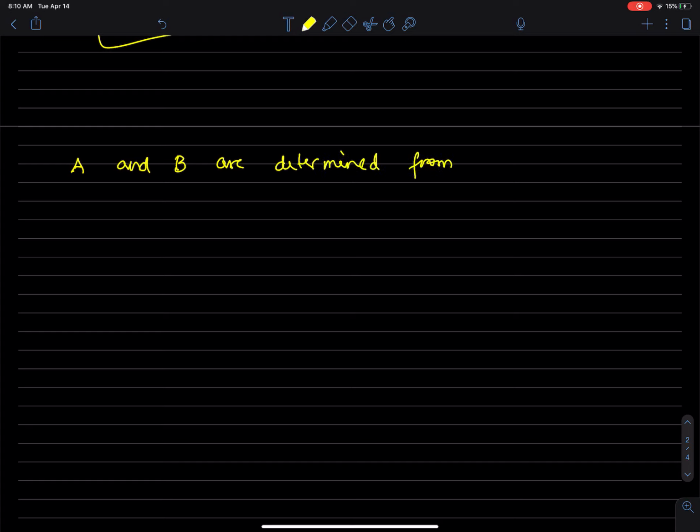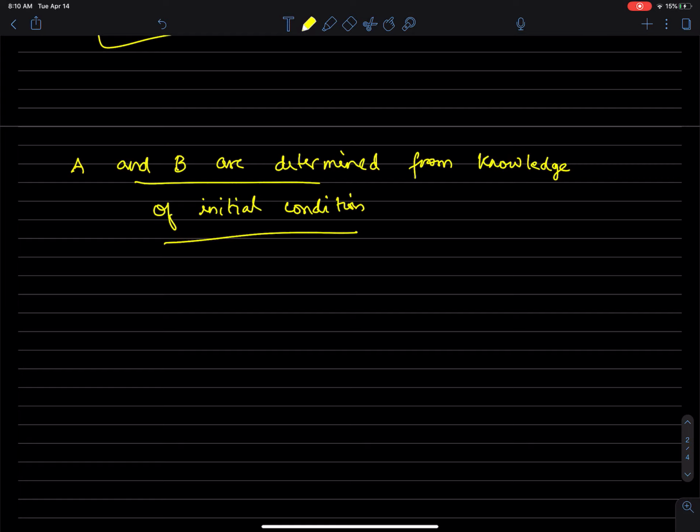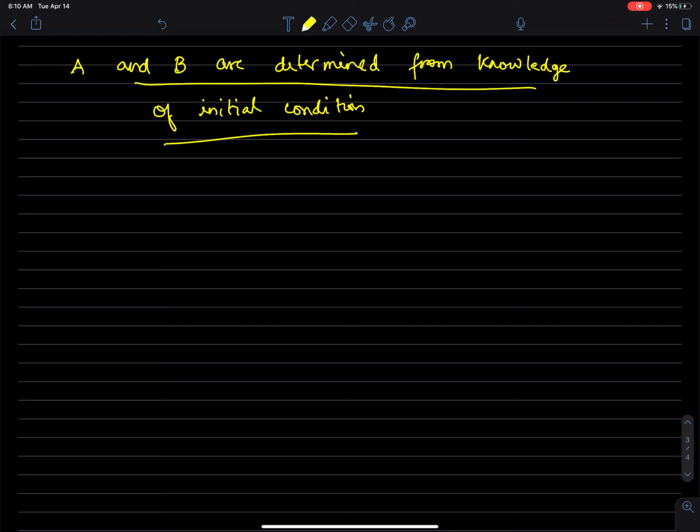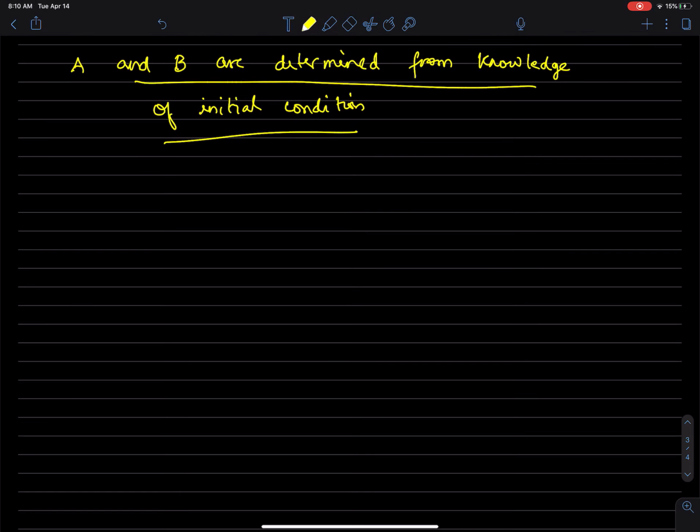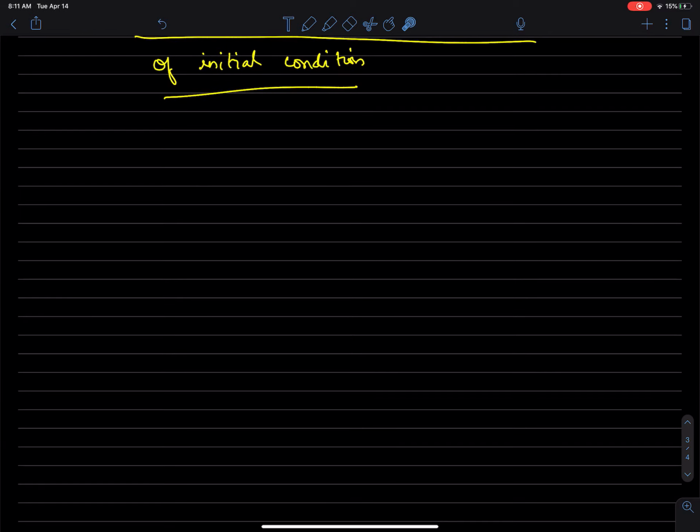A and B have something to do with the amplitude, and of course the amplitude will depend on how much you pulled the mass and let go to start the oscillation, or what initial velocity you gave the mass. So we need to find A and B based on the initial conditions, namely the initial positions and the initial velocities.